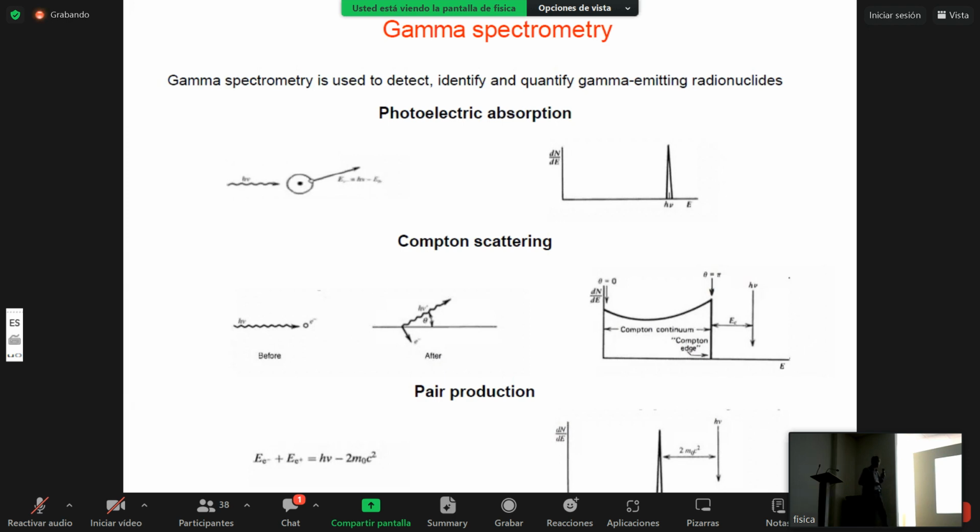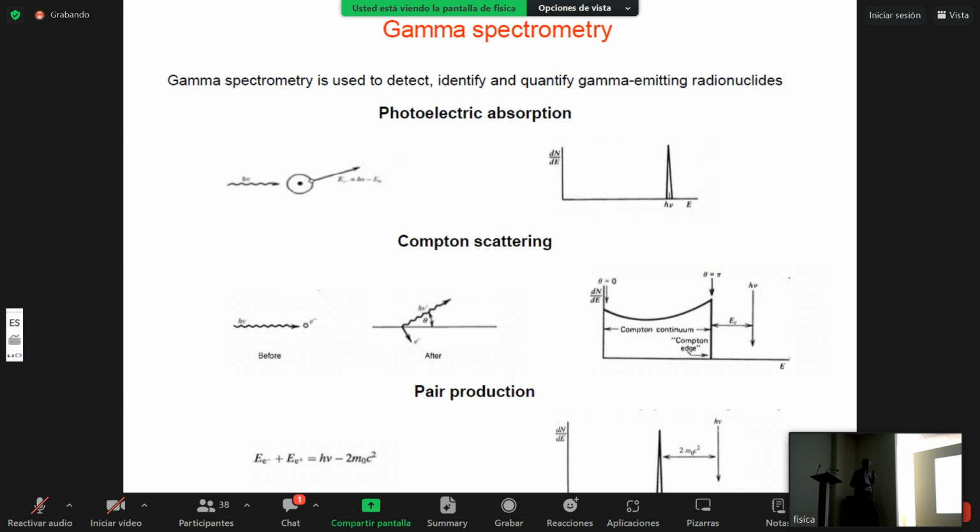Here you can see the so-called Compton continuum, which happens when you have different angles of scattering. There is a whole distribution of angles, and every time you get a different angle after the scattering. That is why you have this distribution.